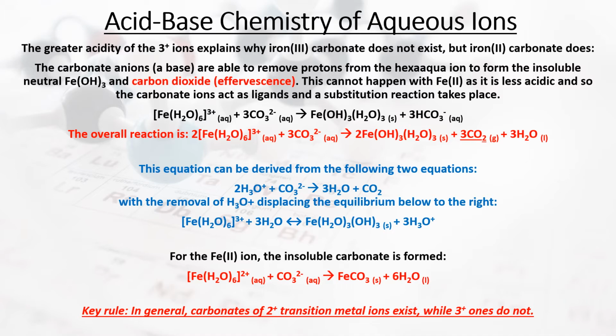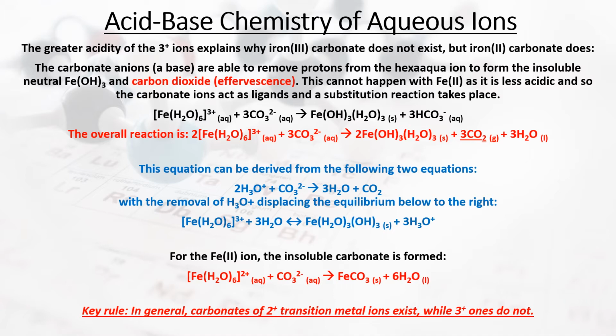The key thing to see is that we have our 3+ ions giving off carbon dioxide, effervescence. And that this doesn't happen with Fe2+ ions. Because the Fe2+ ions are far less acidic, the carbonate ions actually act as ligands, therefore they do a ligand substitution reaction rather than acting as a base. And so we end up forming the insoluble carbonate instead.